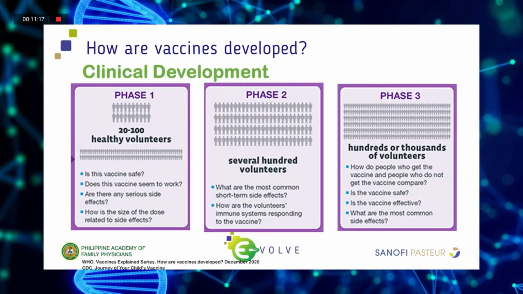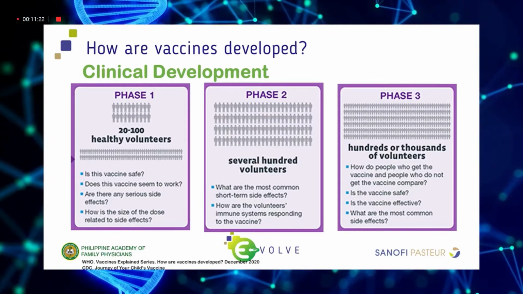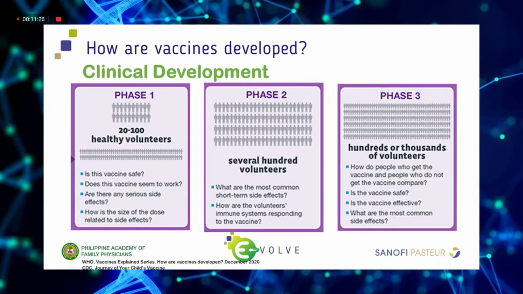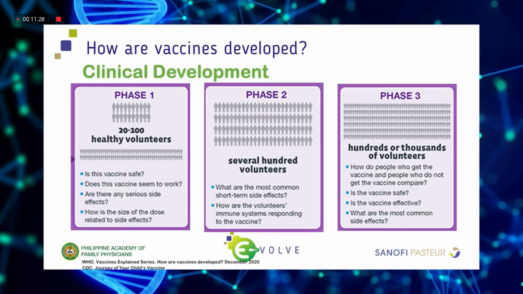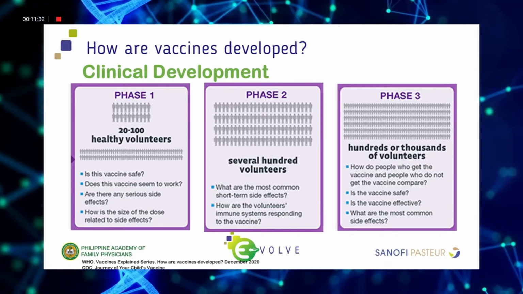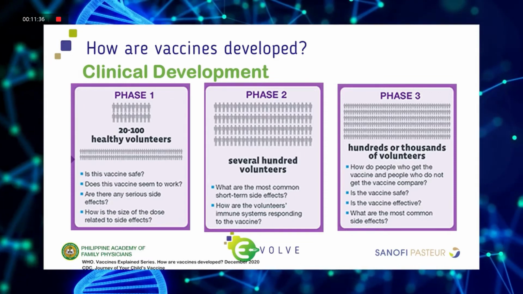In the absence of safety concerns from phase 1 studies, phase 2 studies include more people, where various dosages are tested on hundreds of people with typically varying health statuses and from different demographic groups in randomized controlled studies.